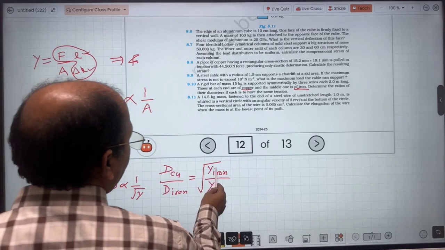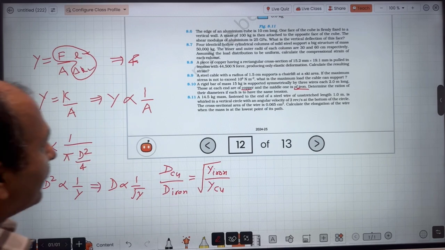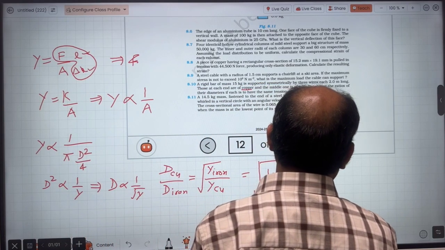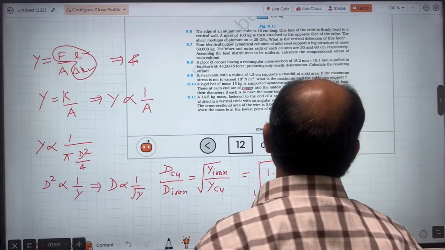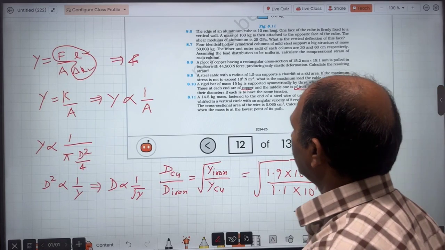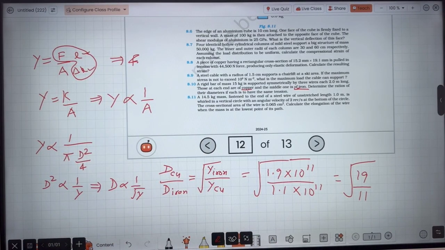From the table you observe the values of Y copper and Y iron and put those values. Y iron is around 1.9 into 10 to the power 11, and for copper it is 1.1 into 10 to the power 11. So if we simplify, root of 19 by 11 will be left. Further, you can find its square root: first divide it, then find the square root, and then you can evaluate. I think you can do it.